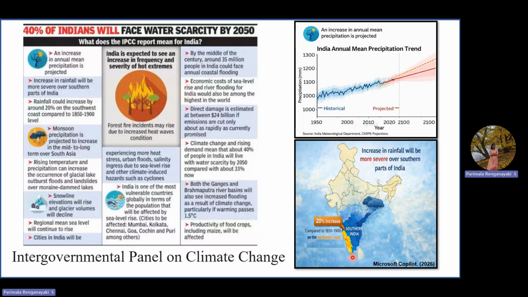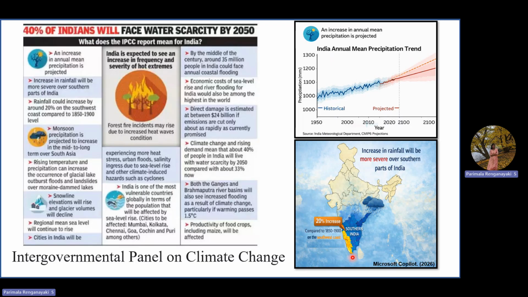Because in the southern part, because of climate change, more rainfall is expected, whereas in the northern part of India, where the rivers Brahmaputra and Ganges are flowing, because of the temperature increase, the glacier melt will be there. They may release more runoff into the northern part of the year.